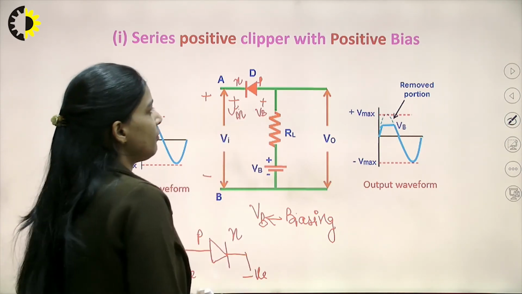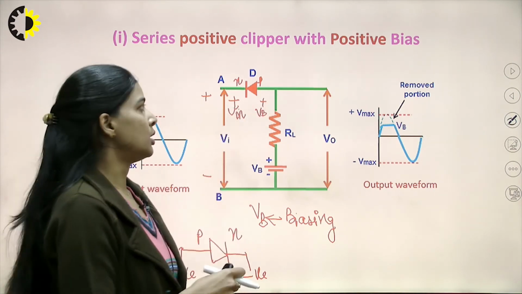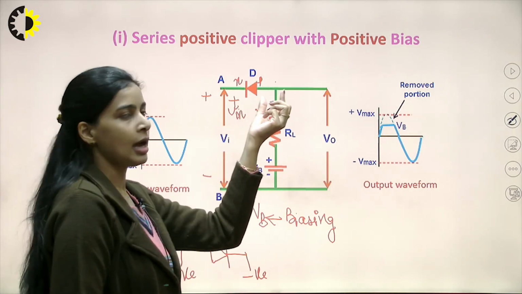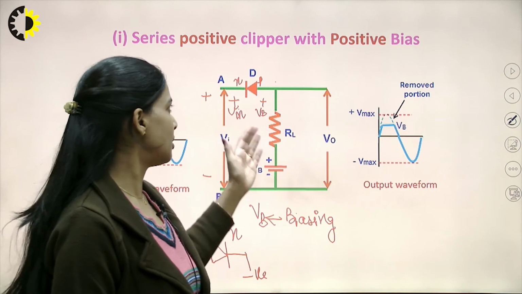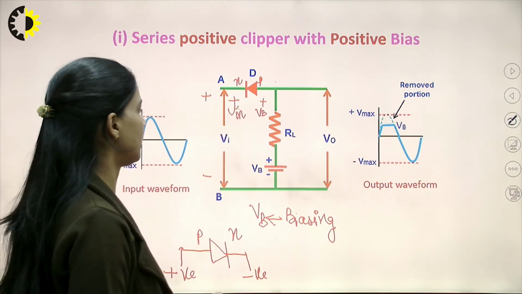As on both sides we have positive voltage, we compare them: if the P side has a higher positive voltage compared to V in, then this diode will be forward biased.